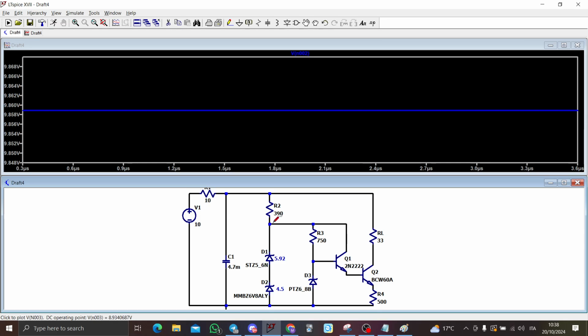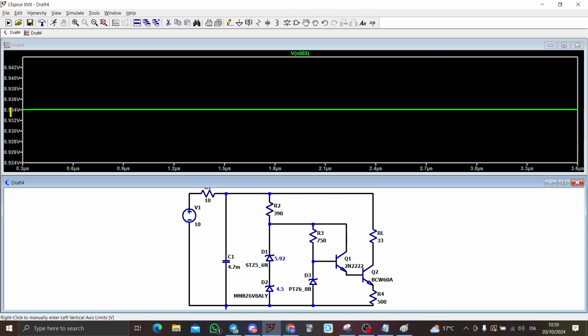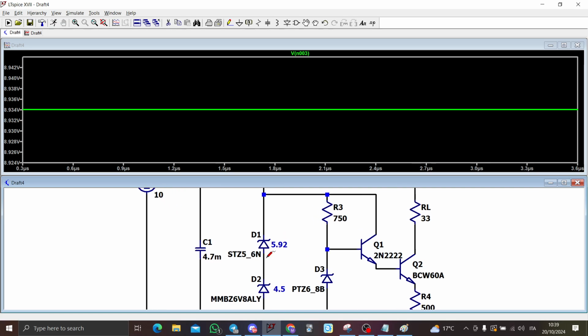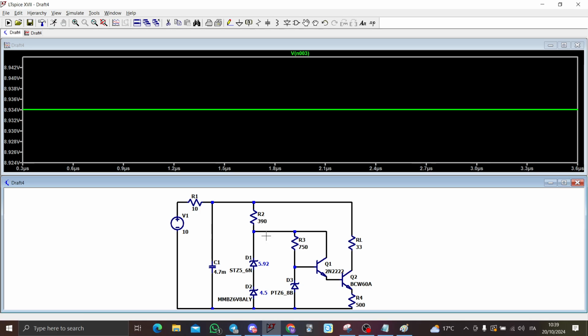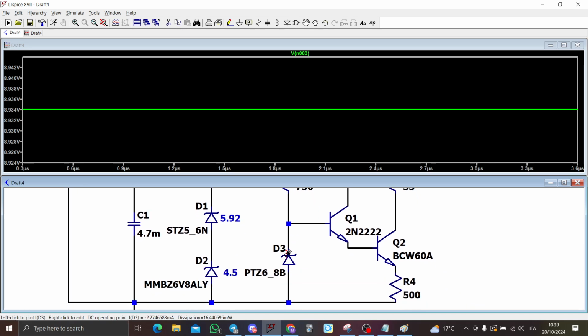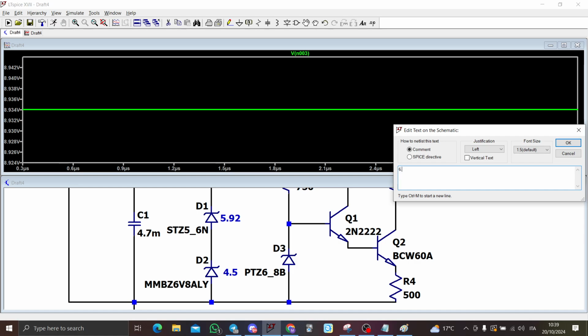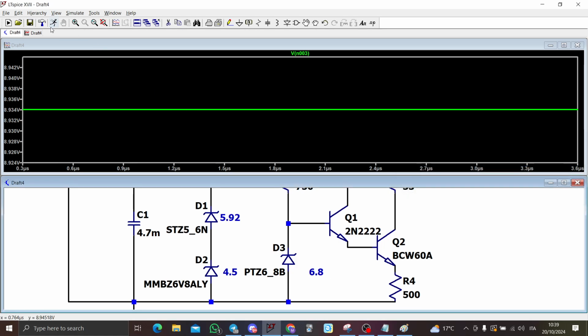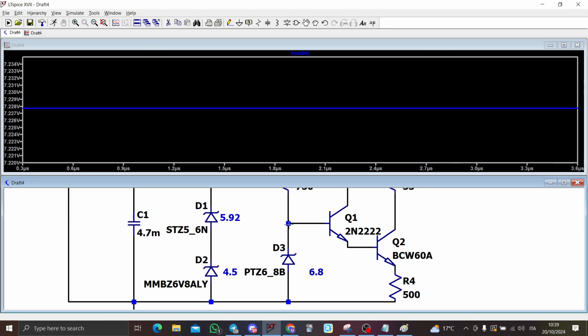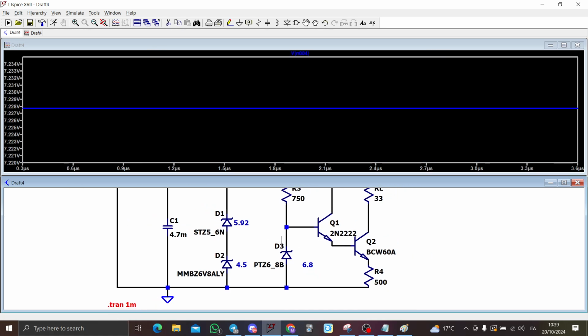Okay, so now we check this voltage here. The voltage here, as we expected, is the sum of these two. Naturally there is some drop, but we don't care. We check the voltage here, and it should be 6.8. Okay, we have 7.2.